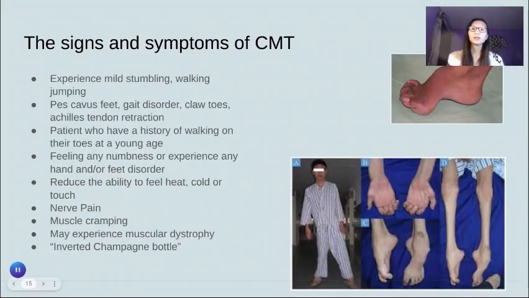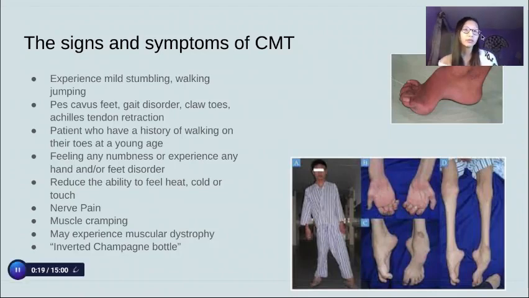When looking at the signs and symptoms of CMT, patients may experience mild stumbling, walking, or even jumping difficulty. They might have pes cavus feet, a gait disorder, claw toe, or Achilles tendon retraction. The picture on the top right is a picture of pes cavus feet.